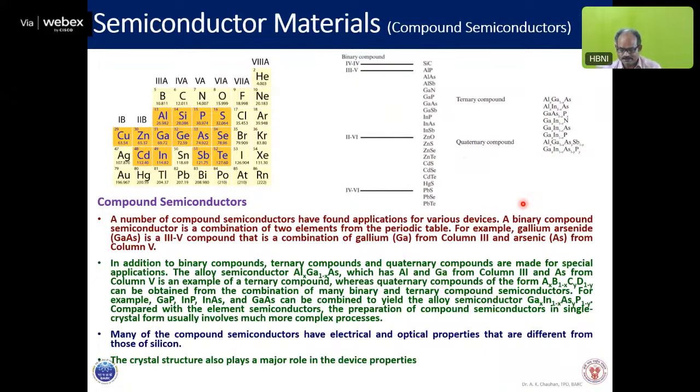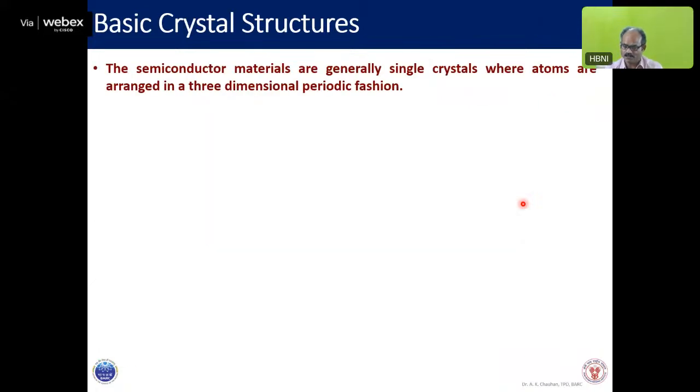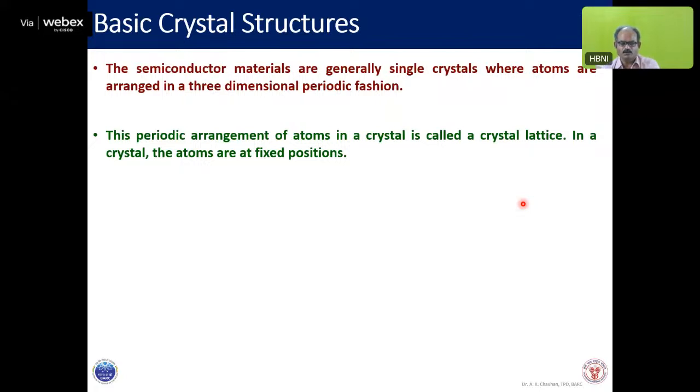So first, let us see some typical structures in which a material crystallizes. Some basic crystal structures you may already know. The semiconductor materials are generally single crystals where atoms are arranged in a three-dimensional periodic fashion. It should be in all three dimensions.